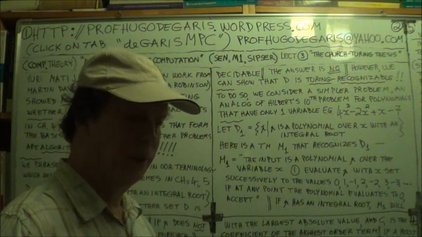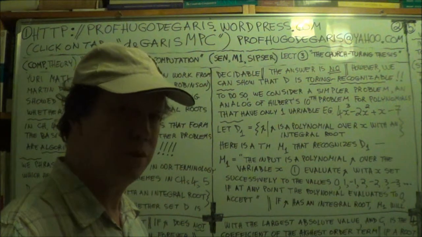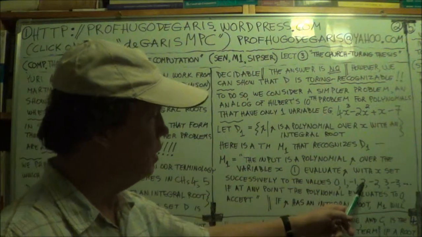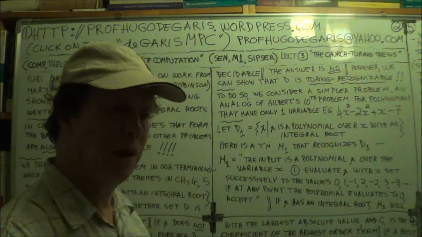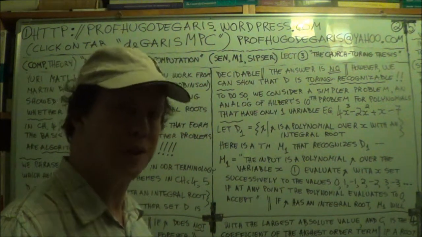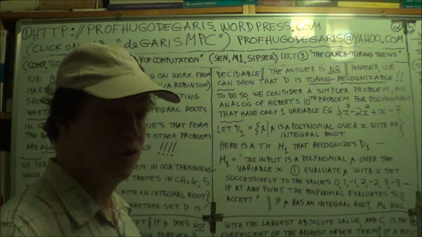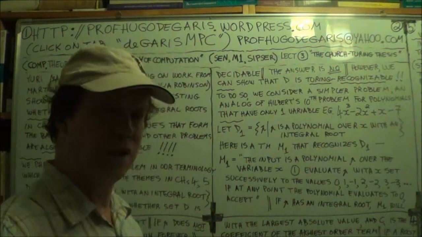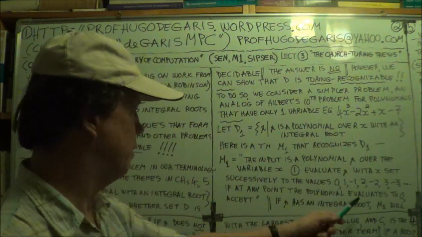So you just successively go through all integers and use the Turing machine to test whether plugging each integer value into this polynomial, do you get 0? Okay, and the moment you do get 0, the Turing machine will go into an accept state and stop. Okay. So it has recognized a string that represents a polynomial that does have an integral root.